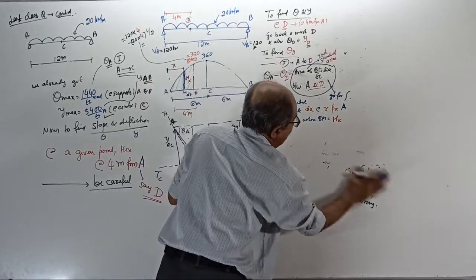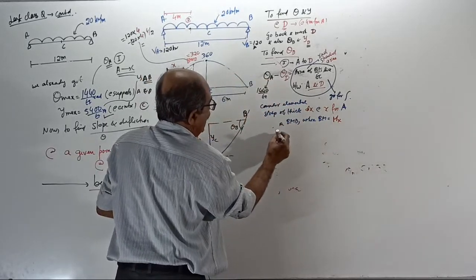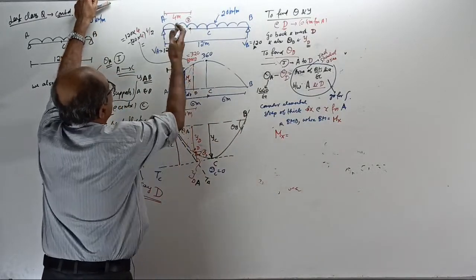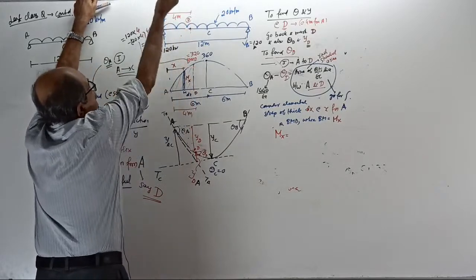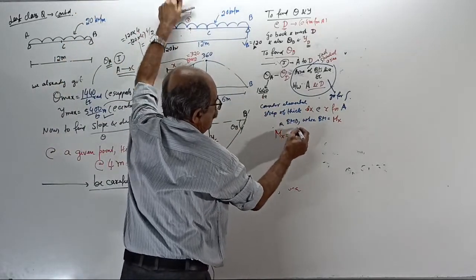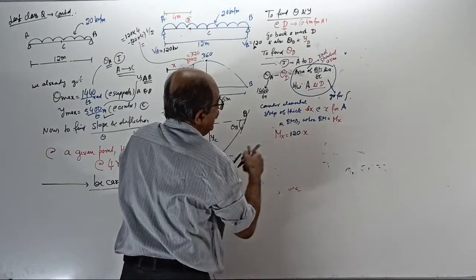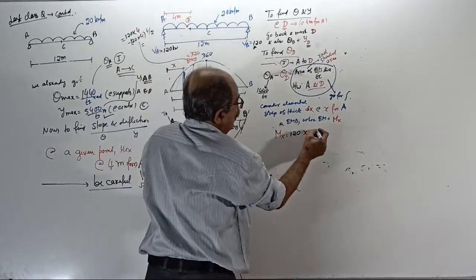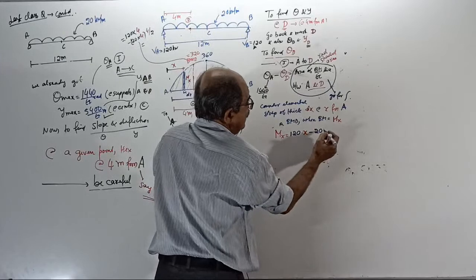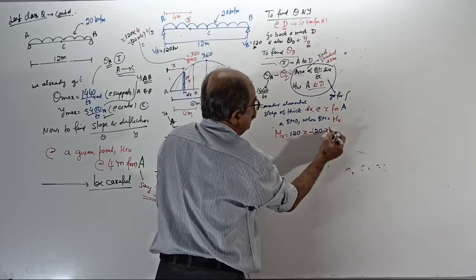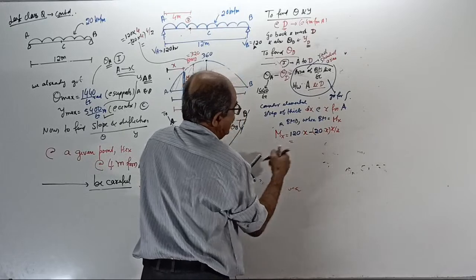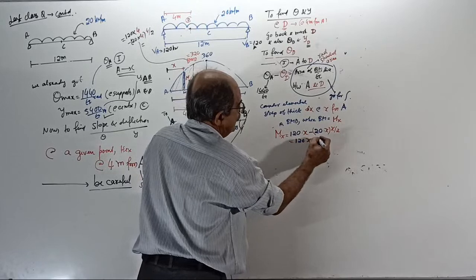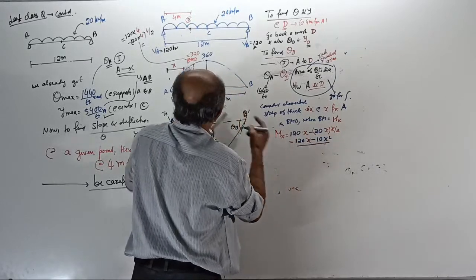Now tell me, what is the Mx value? Mx you can find. At x from here, the bending moment is plus 120 into x, minus 20 into x into x by 2. I can simplify it: 120x minus 10x square is the area.